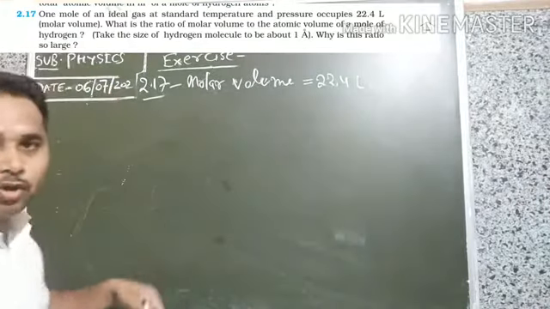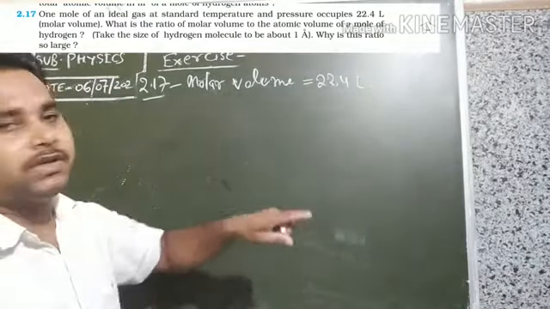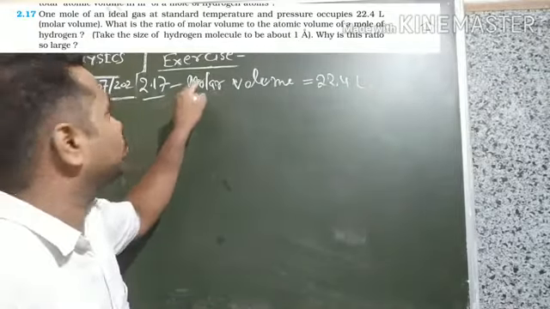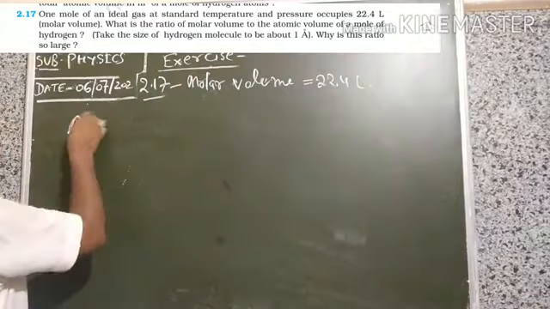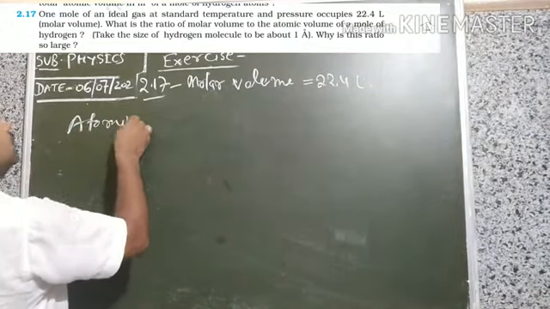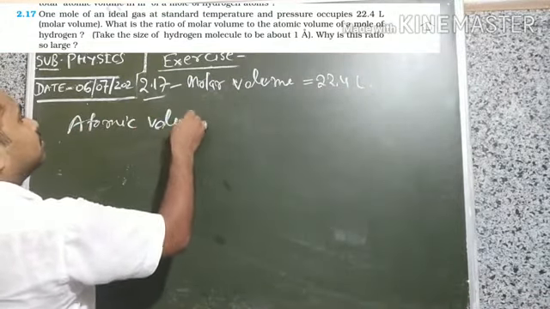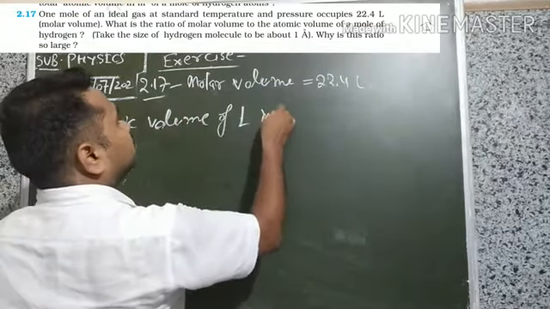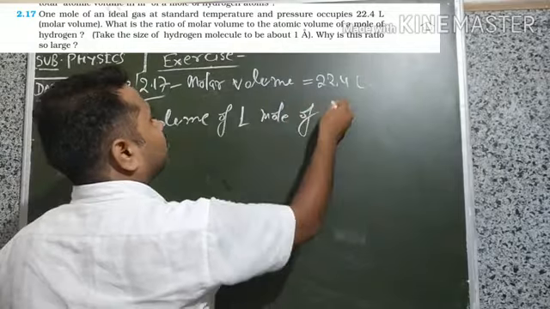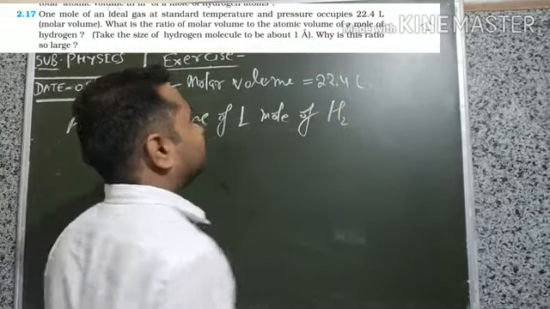So let's find the atomic volume in the same way as we solved question number 2.16. The atomic volume of 1 mole of hydrogen molecule. Here it is given as hydrogen molecule.